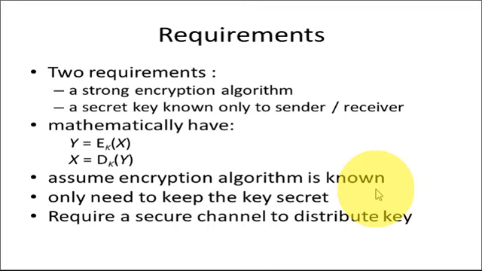The main thing we have to do is share the secret key, the same key, common key or private key, through a secret channel known only by the sender and receiver. So the distribution of the secret key is the important thing in the symmetric cipher algorithm. We need a secure channel to distribute this secret key.